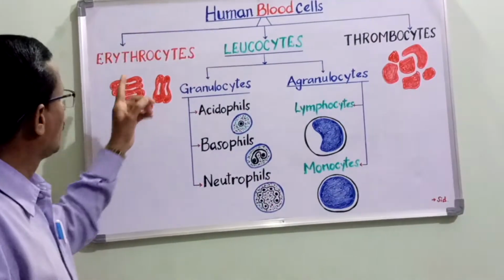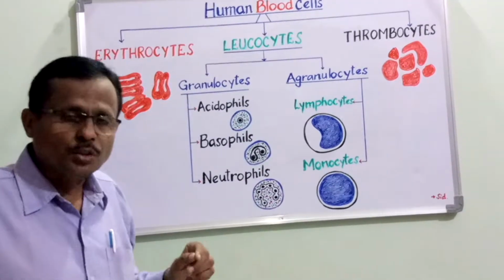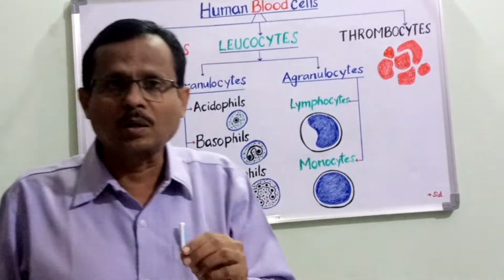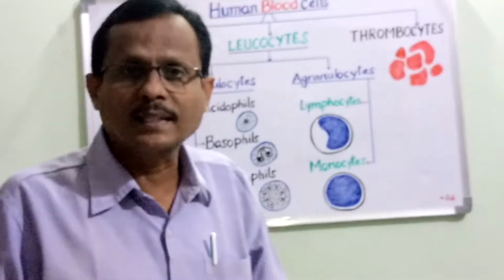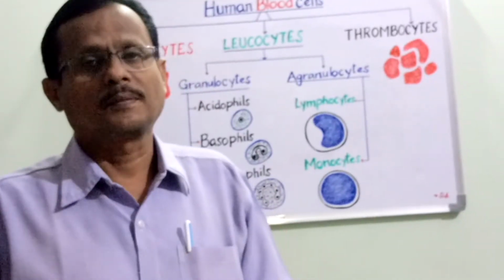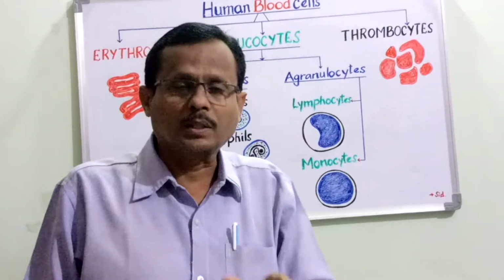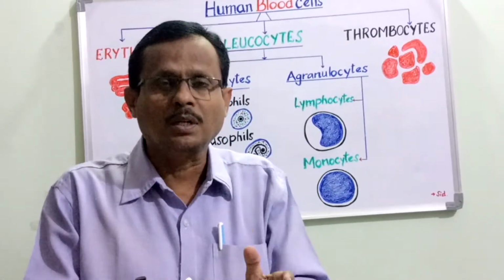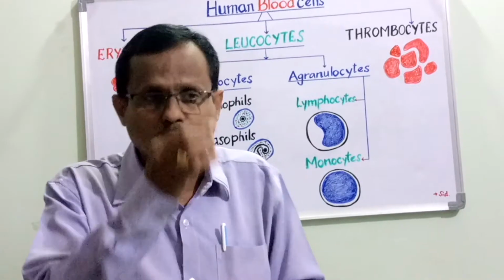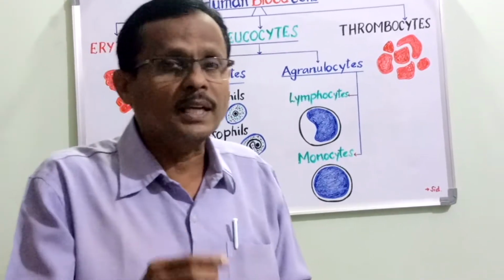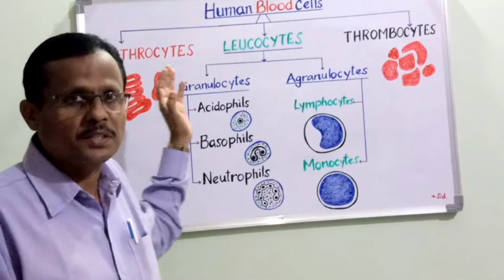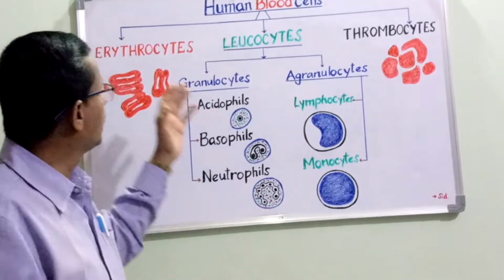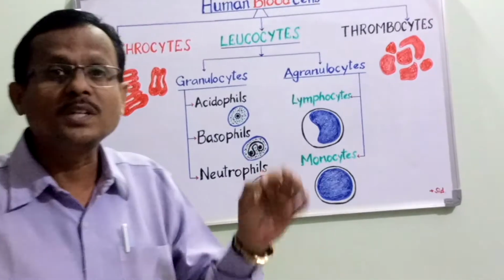Now, these erythrocytes are formed in the bone marrow through a process called erythropoiesis. The production of erythrocytes in the bone marrow is called erythropoiesis. Through erythropoiesis, these are generated in the bone marrow and they live for 120 days.